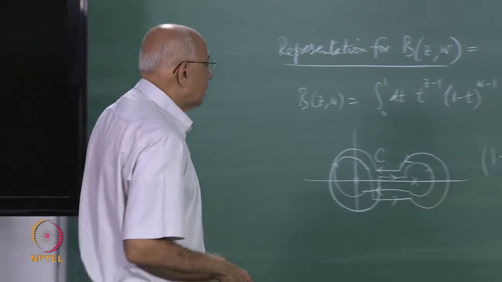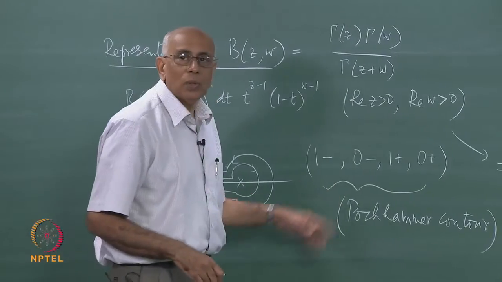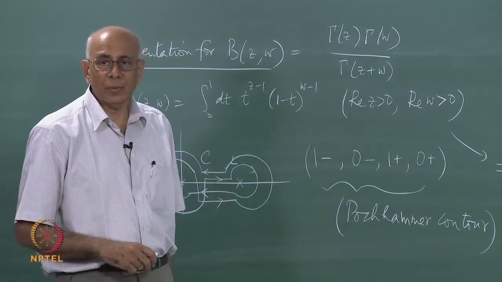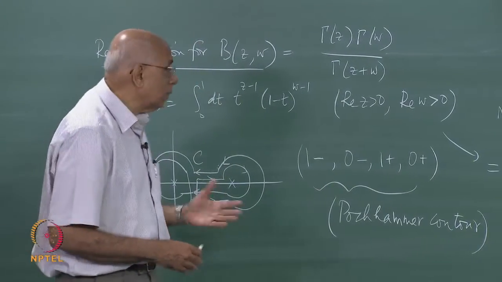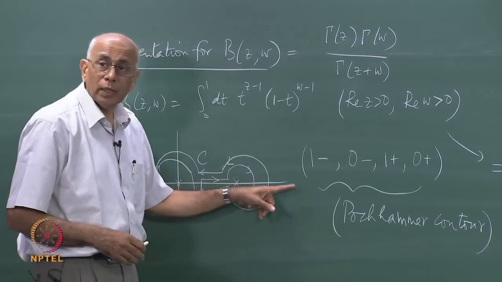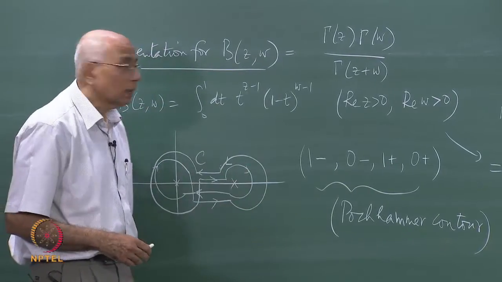What is interesting is that if you actually wrote this contour out on the Riemann sphere, then it looks extremely symmetric, because on the Riemann sphere, remember there is also a branch point at infinity in this function.